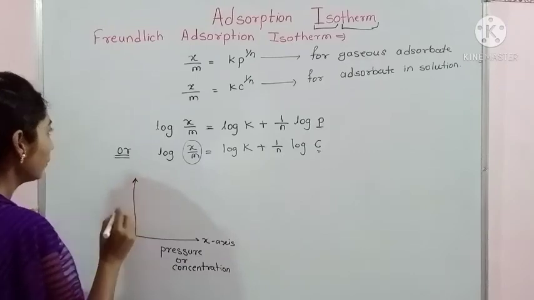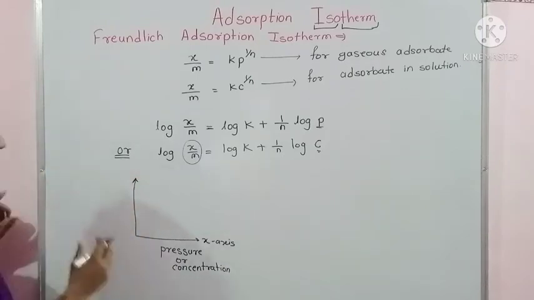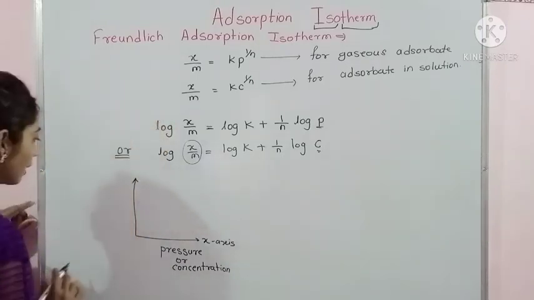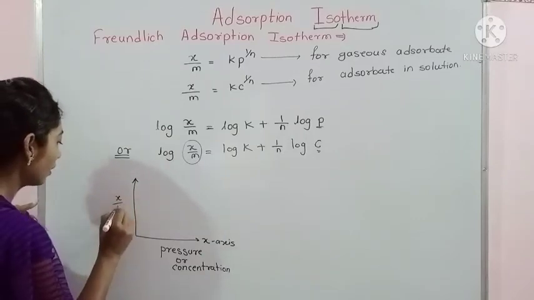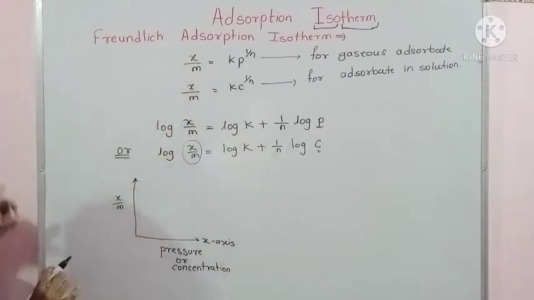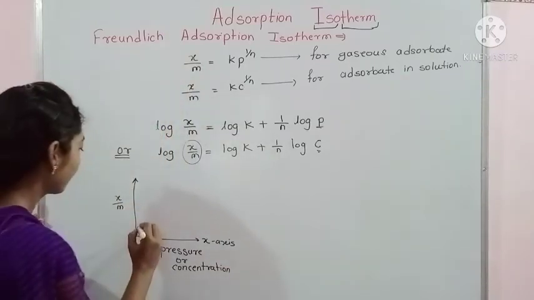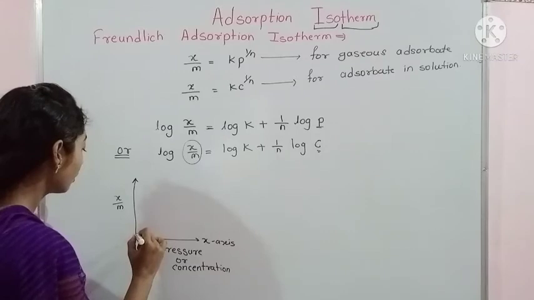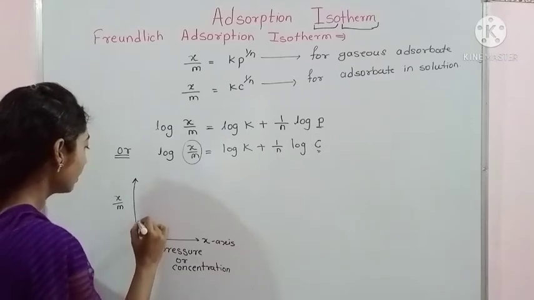On the y-axis we are taking the amount of gas adsorbed per unit mass, that is x upon m. For this general representation, the curve is like this.